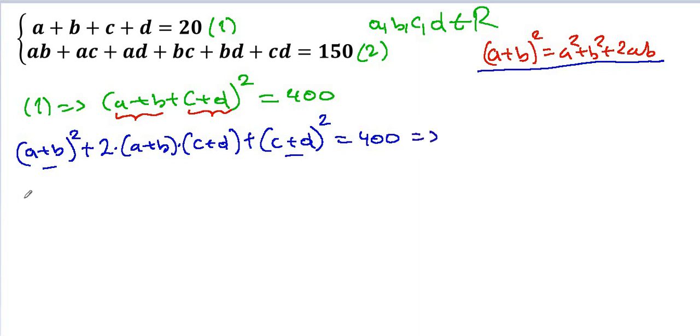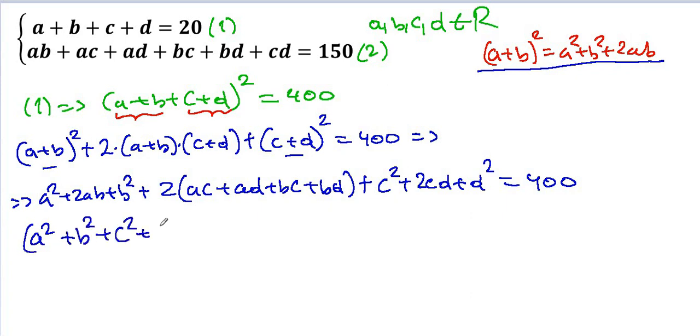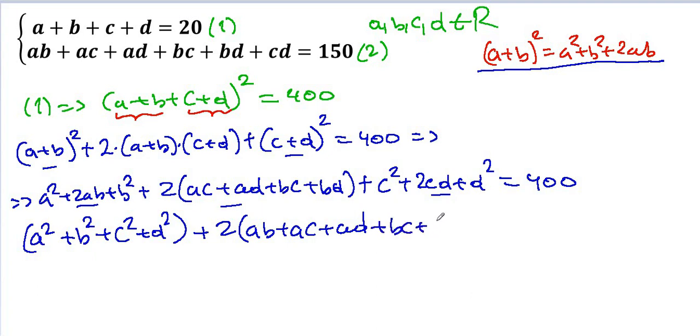So I will get a^2 + 2ab + b^2 plus, let me immediately expand this product, inside the bracket ac + ad + bc + bd, and the second square is c^2 + 2cd + d^2, equal to 400. Now let me group a^2 + b^2 + c^2 + d^2 plus 2 factored out of the three expressions, giving ab + ac + ad + bc + bd + cd. This is equal to 400.